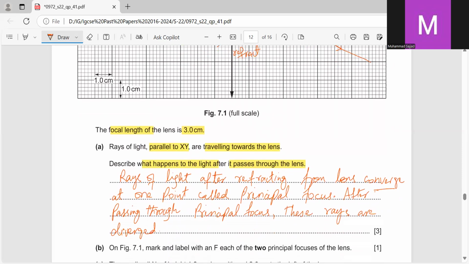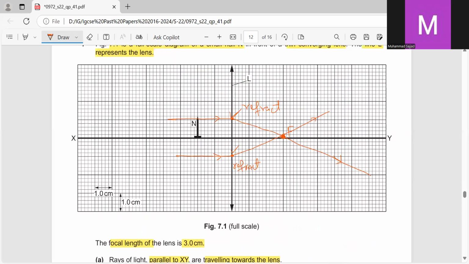And after passing through the principal focus, these rays are diverged. You can check they are going further apart from each other. That's what I have written there for these 3 marks. Now, it was just for the sake of explanation. Let's move forward to what they are asking.